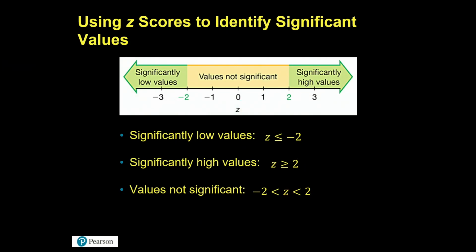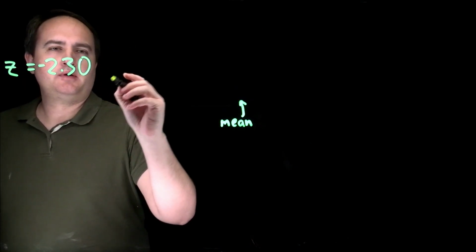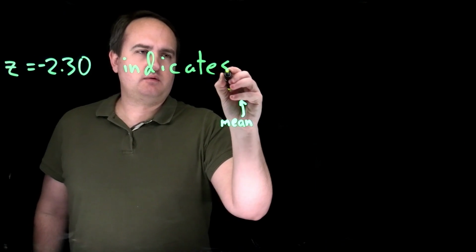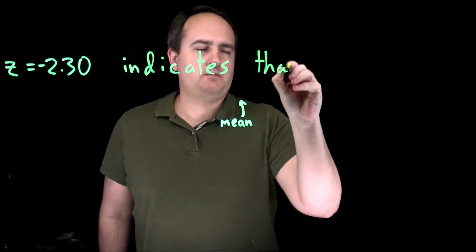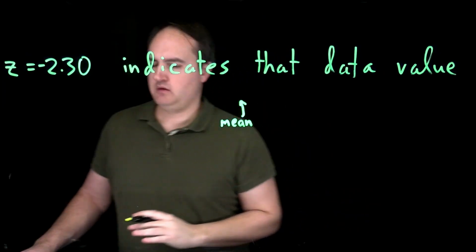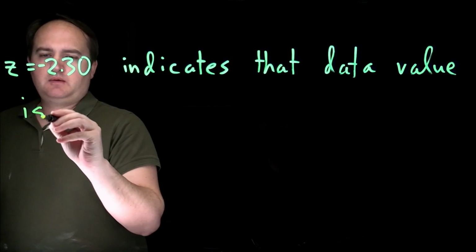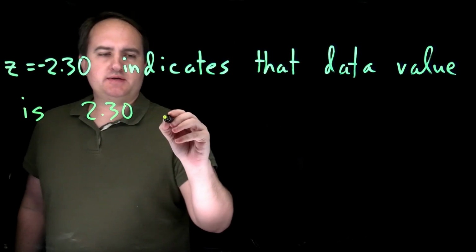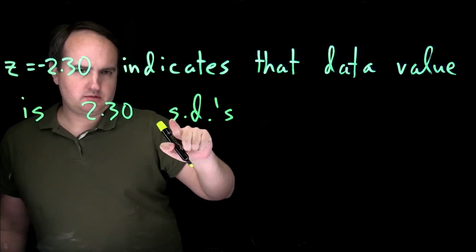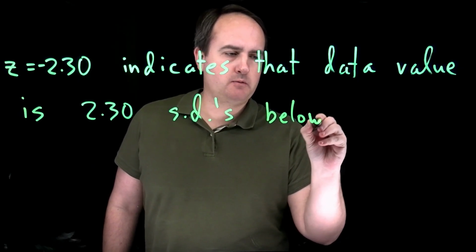All right, so z equals negative 2.30 as an example indicates that our data value is 2.30 standard deviations below the mean.